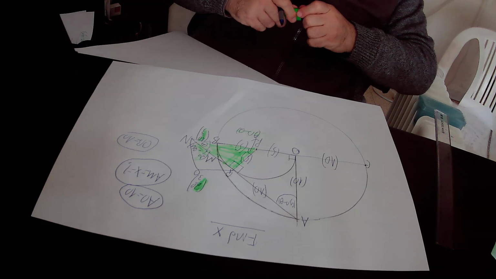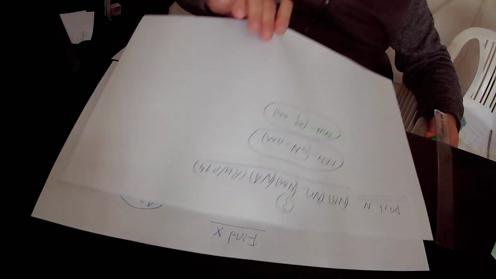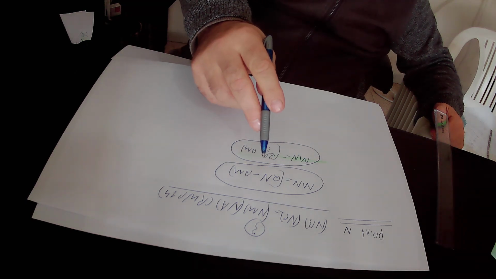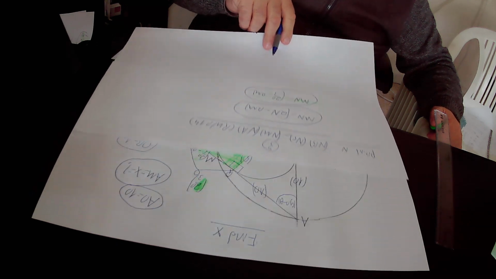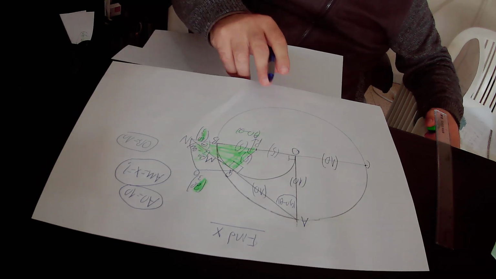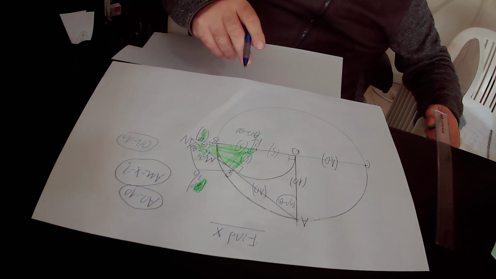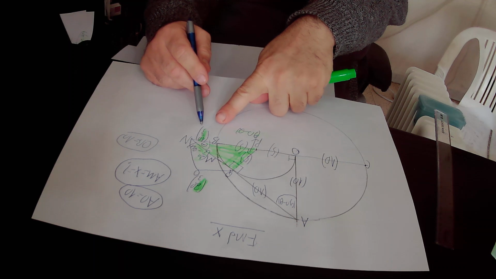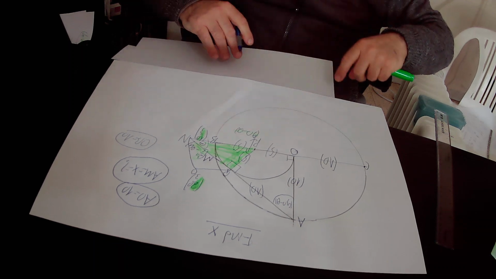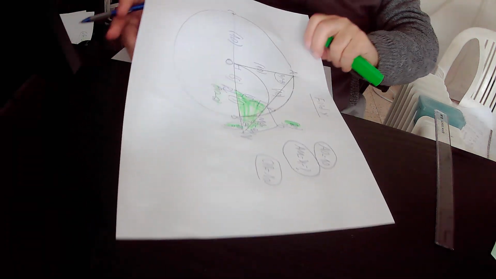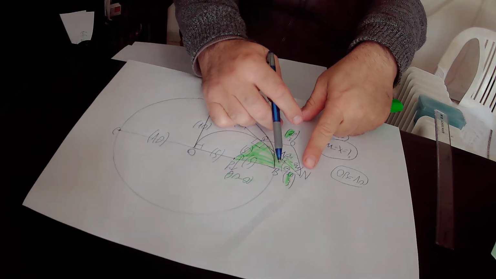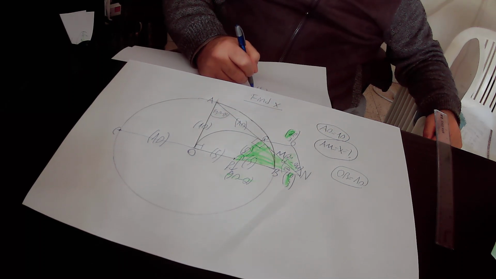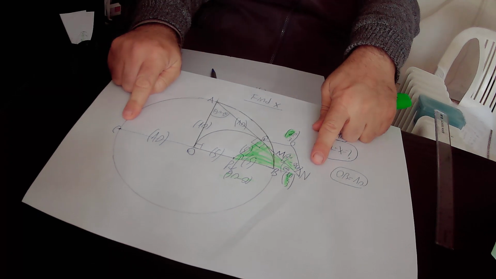Now we return to rule number 14. According to rule number 14, NB times NC equals NM times NA. What is the length of NB? We just found out that NB equals 10 over 3 units, times NC. What is the length of NC?